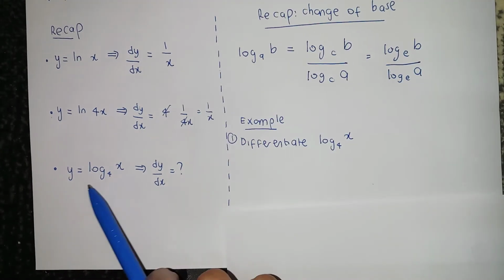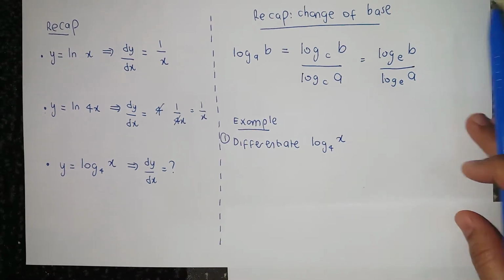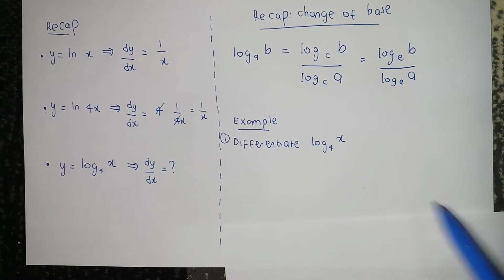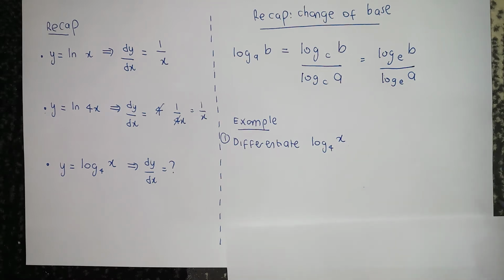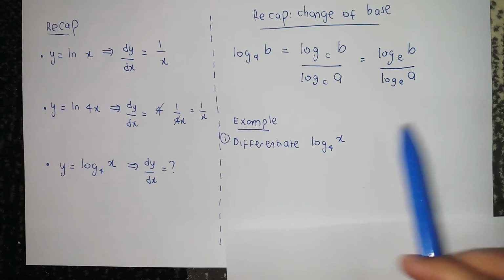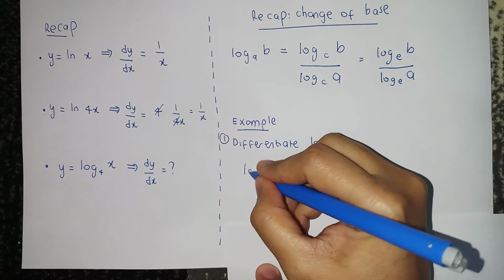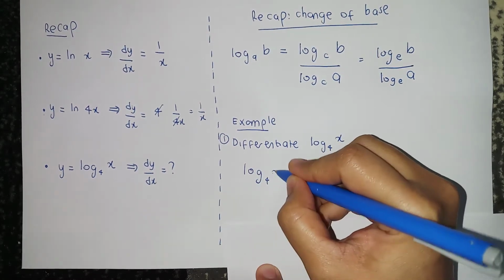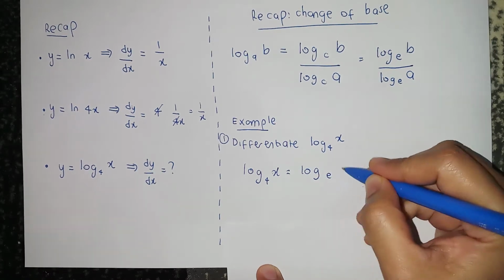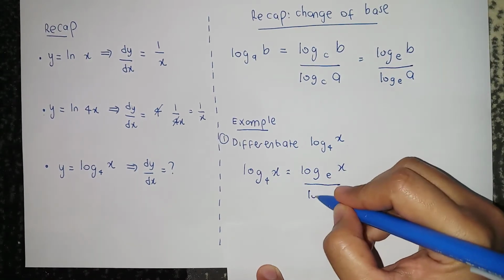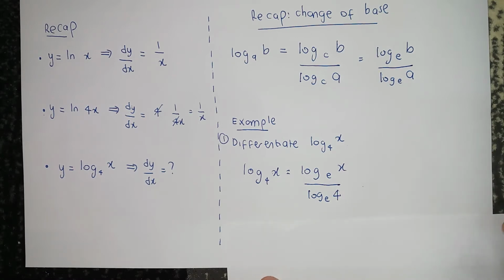How do we differentiate log_4 x? The first step is you need to change it to ln, to base e. I have log_4 x and I want to change to base e. That is just log_e x over log_e 4.